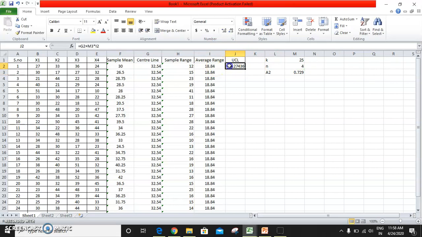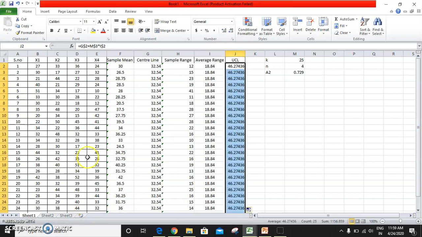So here comes the value of your upper control limit. Now here, because the average range and the A2 value are not going to change, they are constant, we are going to put a $ sign here and here. And your X bar central line value is again the same for the rest of the sample or data. So this becomes the formula. So this way we were able to calculate the value of UCL.